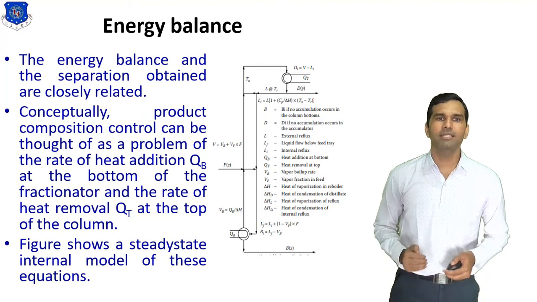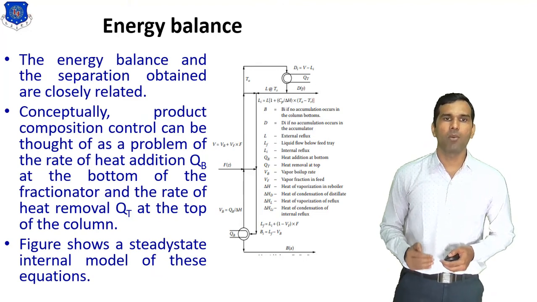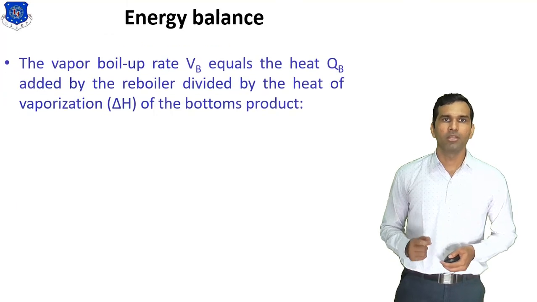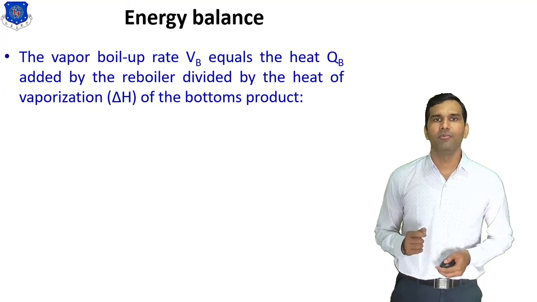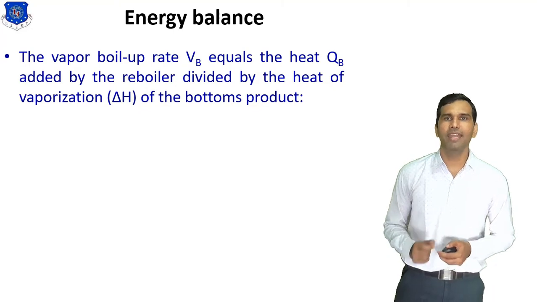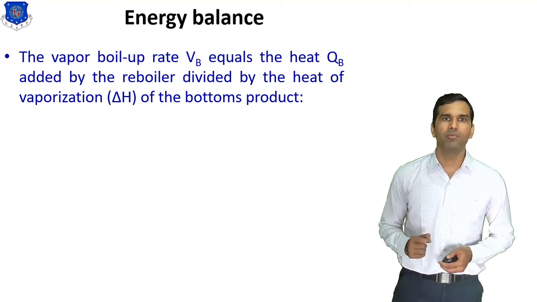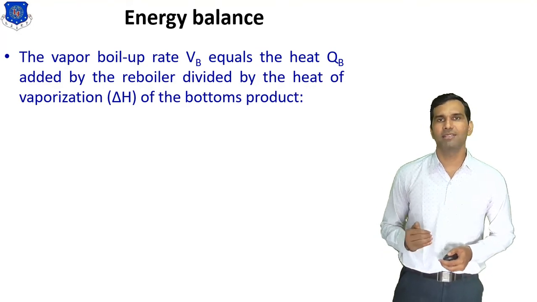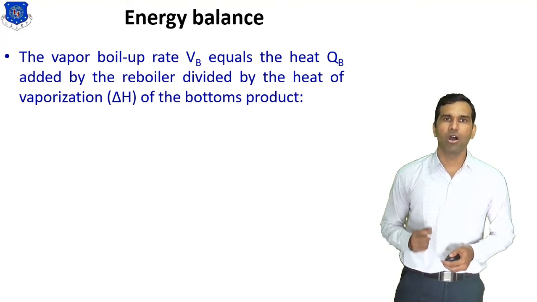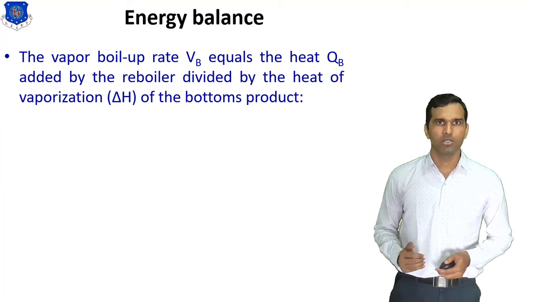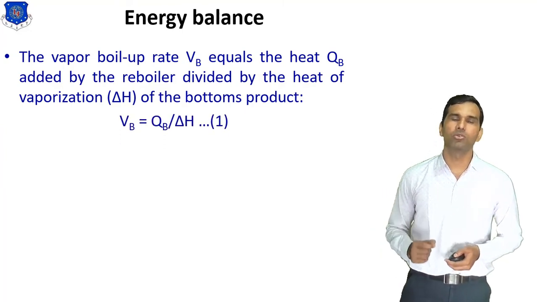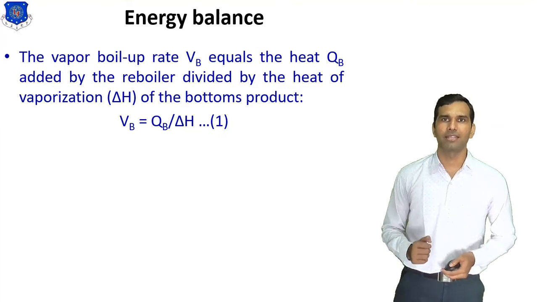The figure shows the steady state internal model. The vapor boil-up rate VB equals the heat QB added by the reboiler divided by the heat of vaporization delta H of the bottom product. So we can write VB is equal to QB upon delta H.